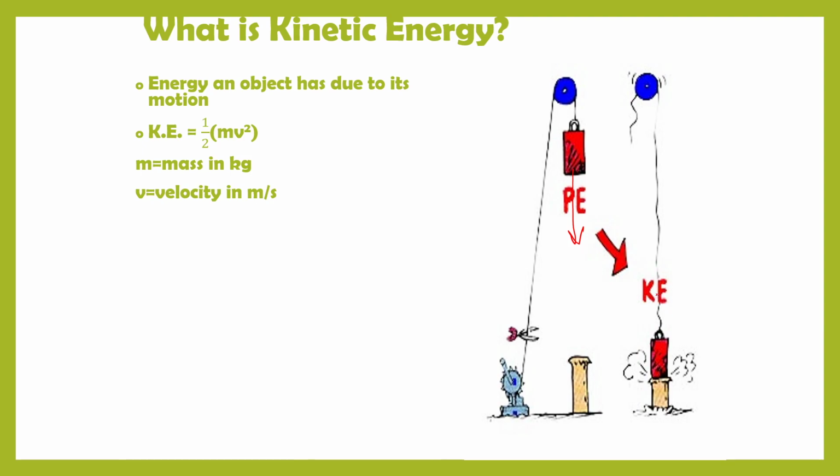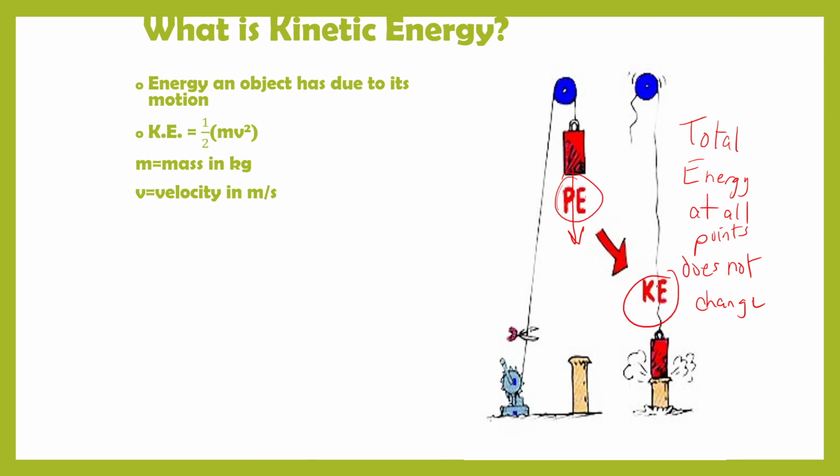The kinetic energy is the movement energy. Because remember, the total energy at all points does not change. What changes is that it is no longer potential energy, it turns into kinetic energy.